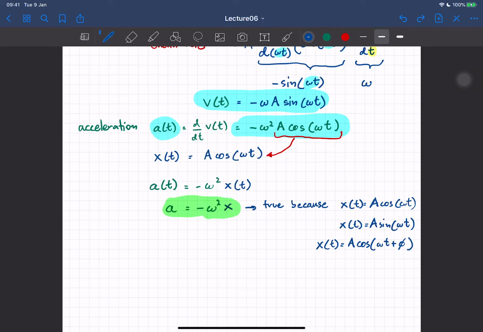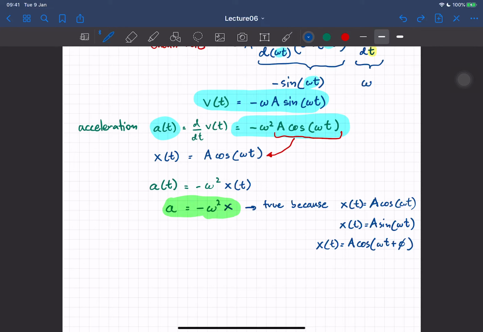And this is really cool because it means that if you have anything that satisfies this relation, then you can say that x has to be of this form for sure, either cosine or sine or cosine of any phase, right? If this is true, then x is given by this.